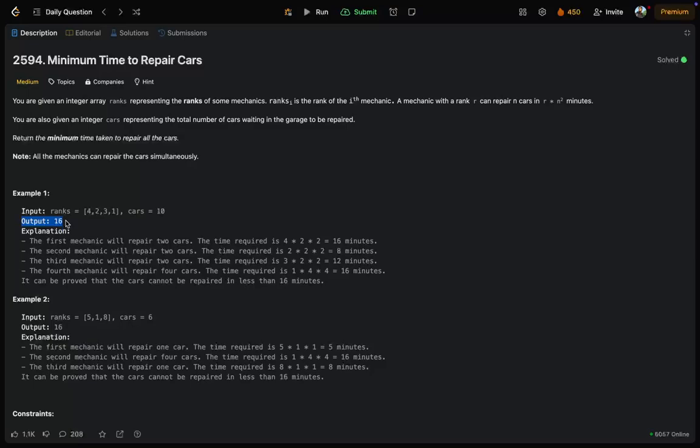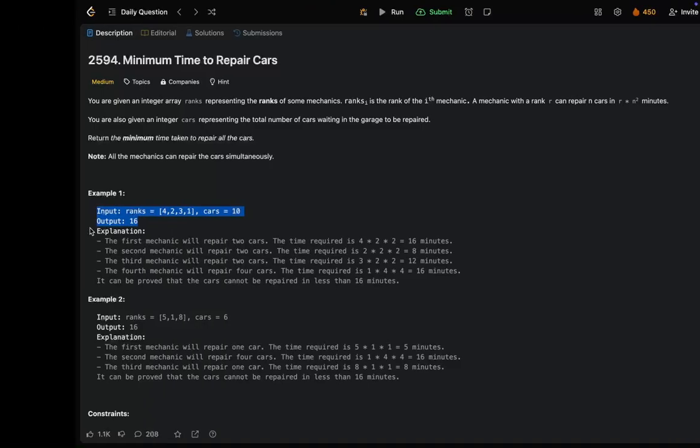If 4 mechanics try to repair only 10 cars, it will take only 16 minutes, right? And the same for this: if we have only 3 mechanics and they try to repair 6 cars, it will take 16 minutes. Okay, so let me pick this test case and try to build the approach.